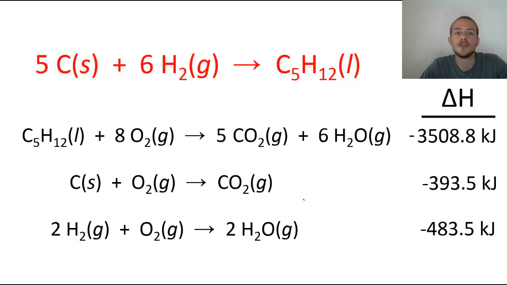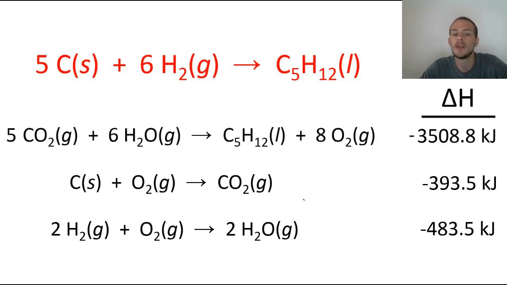Well, one thing that is jumping out at me is that in the equation on top, we have pentane, C5H12, on the left, but in our target equation, pentane is on the right. So that must mean that we need to reverse the equation up top. We have to reverse that equation for the combustion of pentane. So I'm going to go ahead and do that.